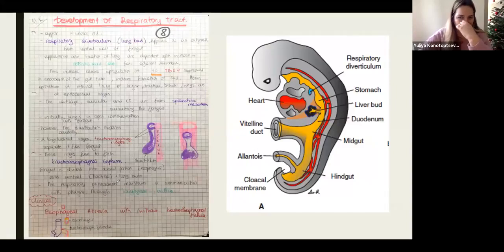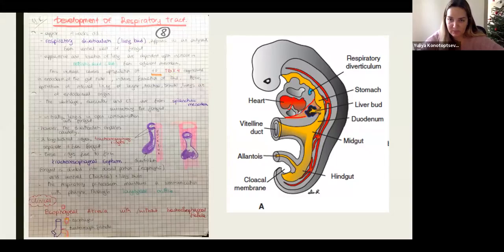The entire respiratory tract develops during the 4th week, and it develops as the diverticulum or outgrowth of the foregut. So take a look at this picture right here. This little thing that we can see here is a part of the septum transversum. We can see that the liver is growing a little bit in the septum transversum. Heart is on the top of it.